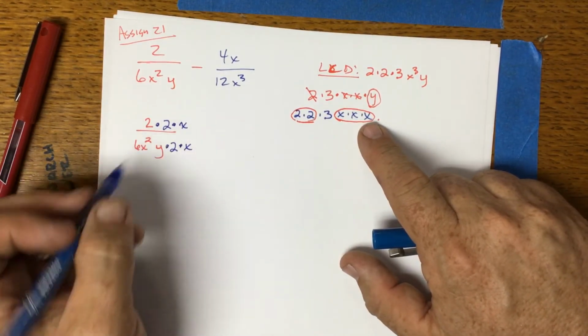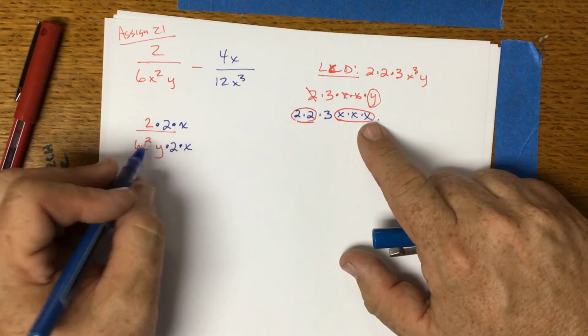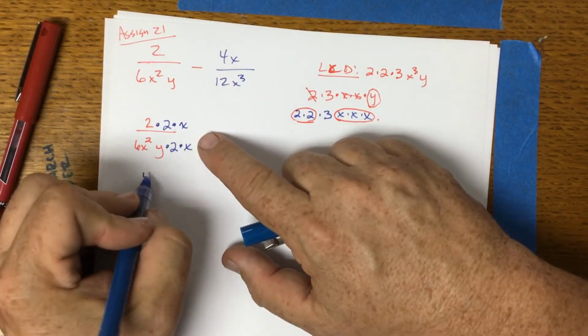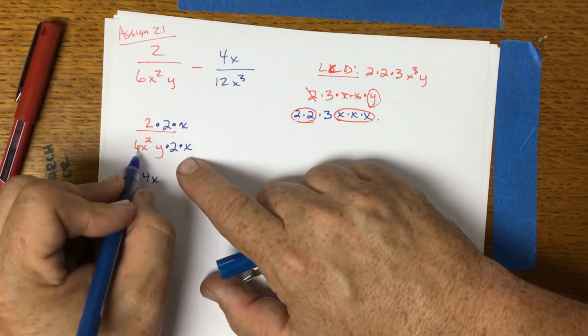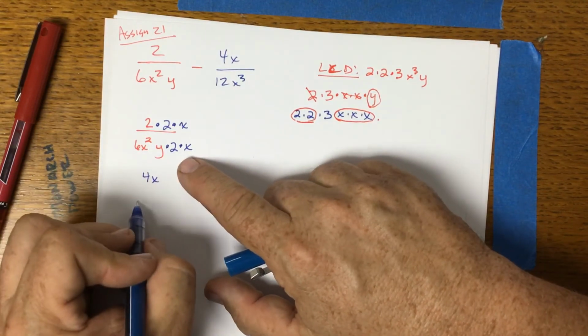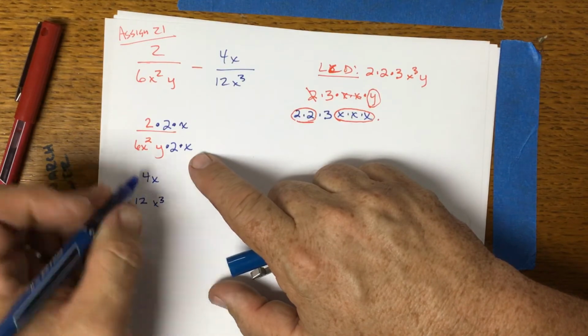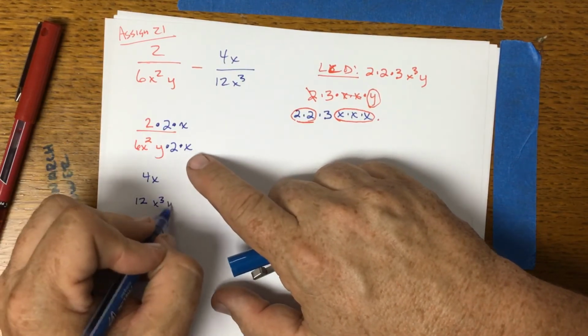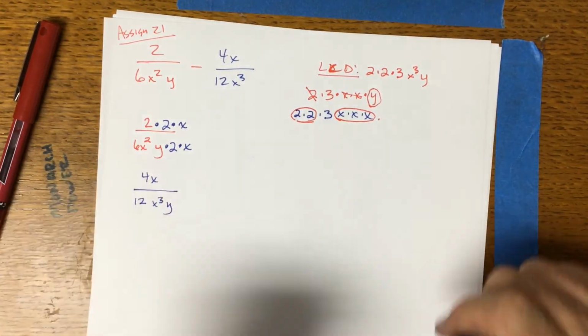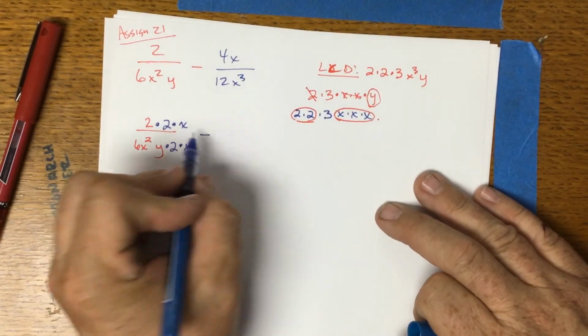I have a y, so I'm good there. So if I come down here, I get 2 times 2 is 4, so I got a 4x. 2 times 6 is 12. X squared times x is x cubed. And we got a y. And so that's my new equivalent. I put my subtraction sign in between.